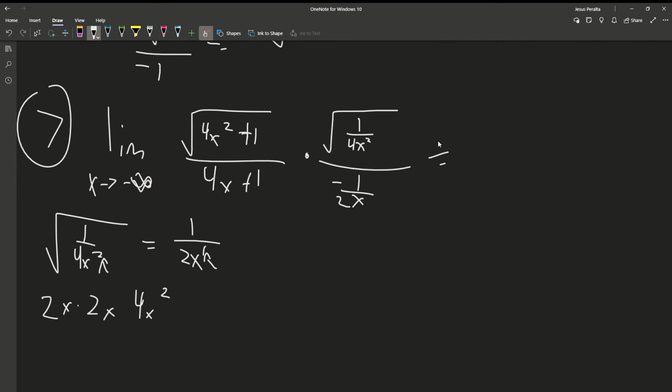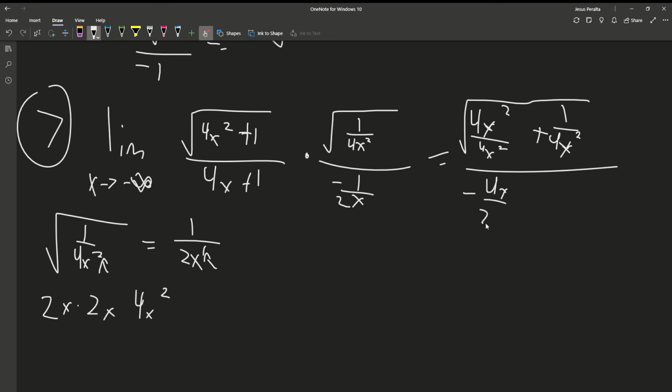So we're going to get 4x squared over 4x squared, with the square root, plus 1 over 4x squared, over negative 4x over 2x, minus 1 over 2x. So we know this turns into 0. We know this turns into 0. And all of this crosses out as 1.